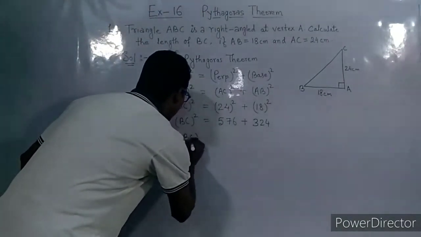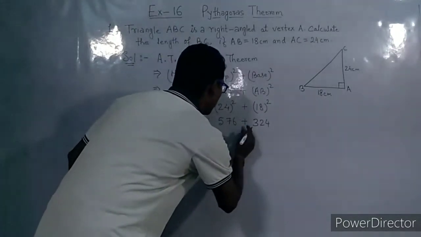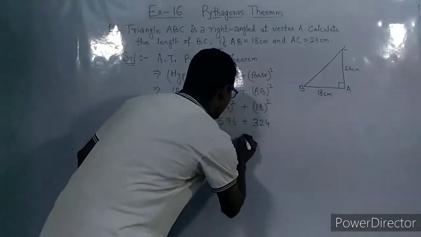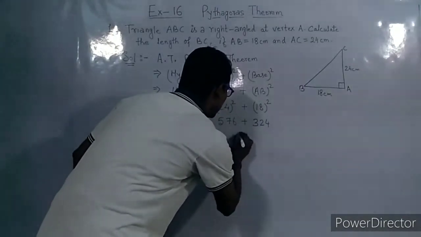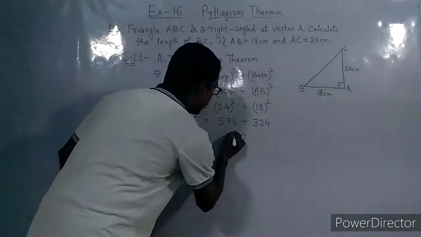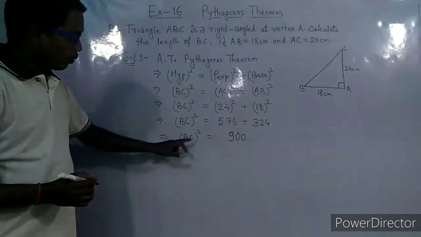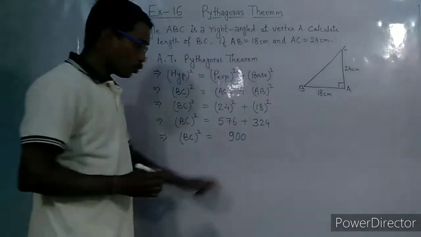So BC square equal to 900. Now we remove the square by taking the square root on both sides.